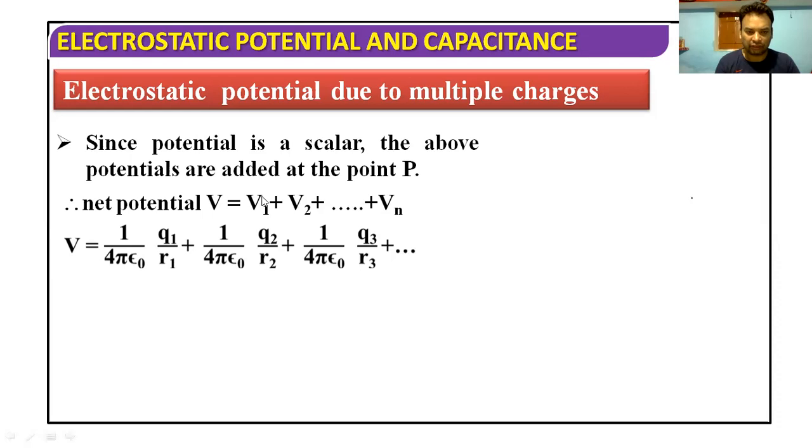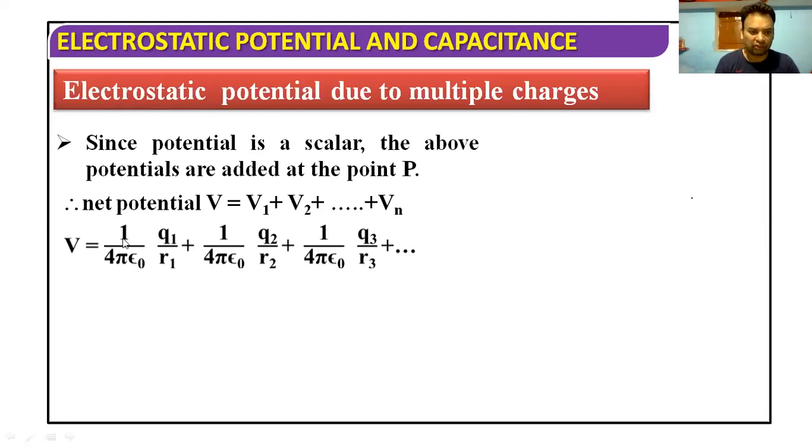Keep in mind that the potential of a single charge remains unaffected by the presence of any nearby charge. When we are calculating V1, V2 does not affect V1. Likewise, during the calculation of potential due to any charge, no other nearby charge disturbs that potential.